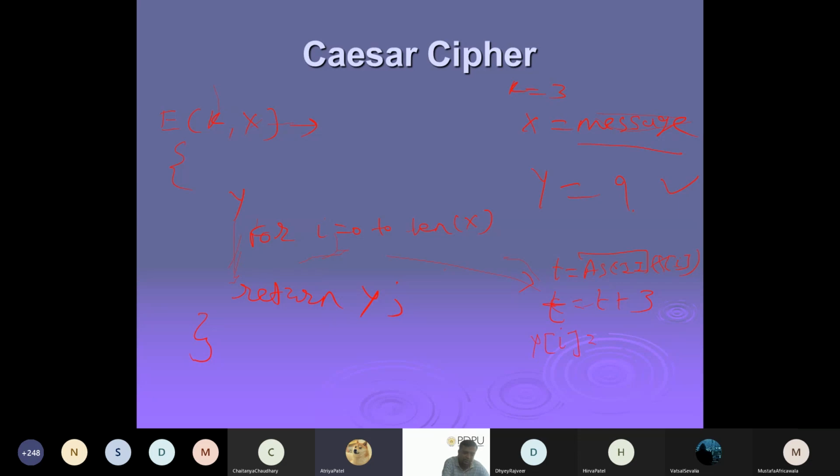Okay, I think one good thing here is that we don't have to use the ASCII functions. By default, the character is always an ASCII value. So what we can do is straight away write Y of i equal to X of i plus 3. Will it be fine? Yes, sir, if it's available, then it's fine.